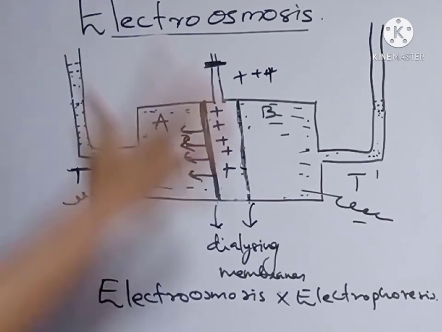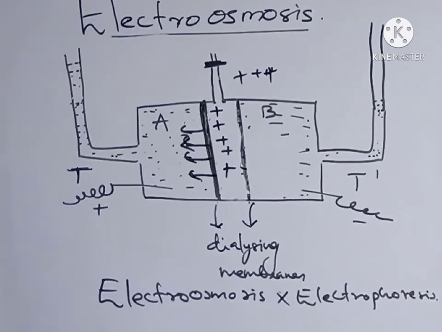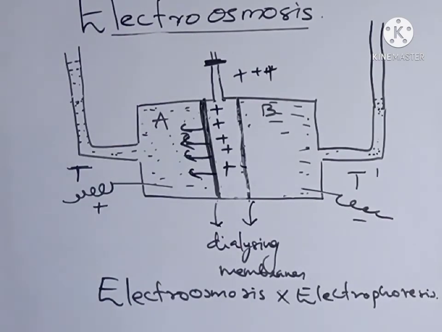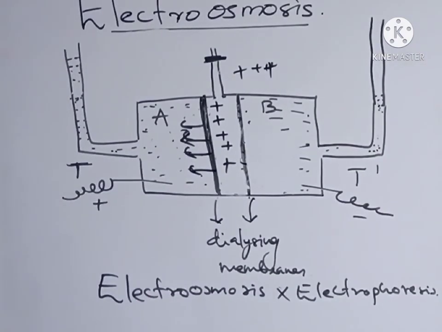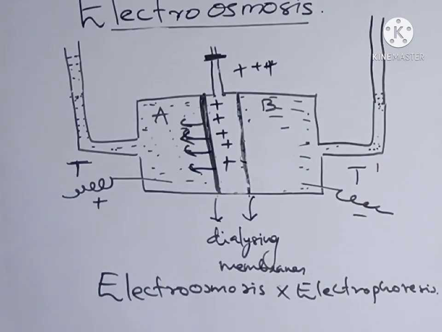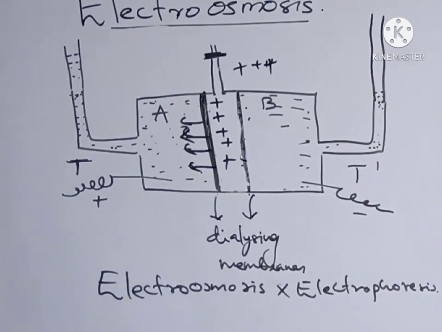Okay, this is all about electroosmosis. And these are the two techniques, electroosmosis and electrophoresis, which are used to identify the electrokinetic behavior of colloidal particles.